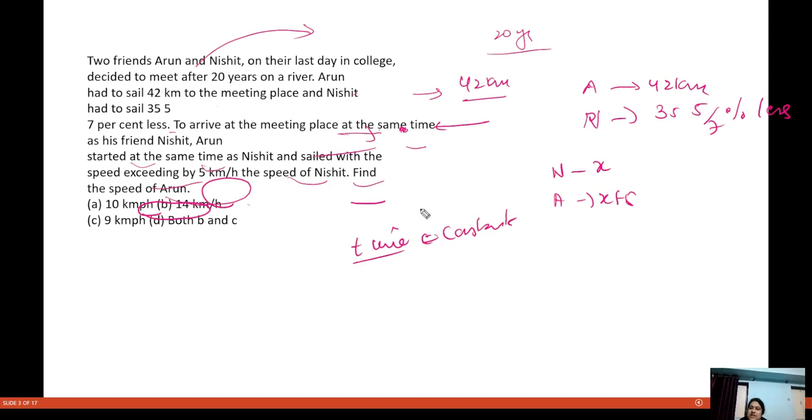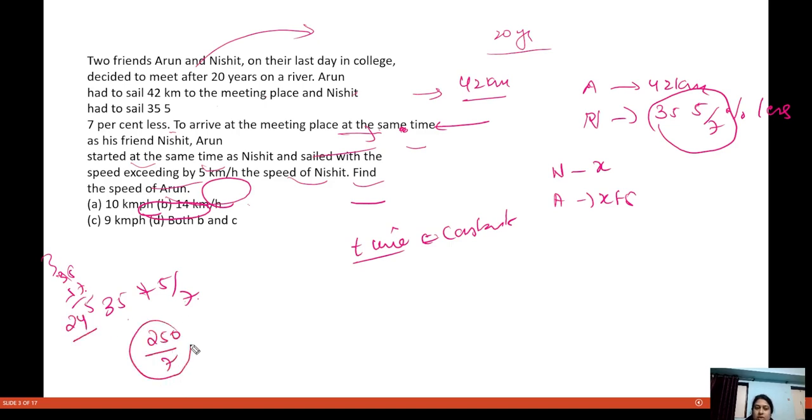Now we just have to find what is 35 5 by percent less of this. So 35 plus 5 by 7 is how much? 7 5s are 35, 3, and this is 21, and we have this 245, and then we have this 250. Now what is this 250 by 7% of 42?